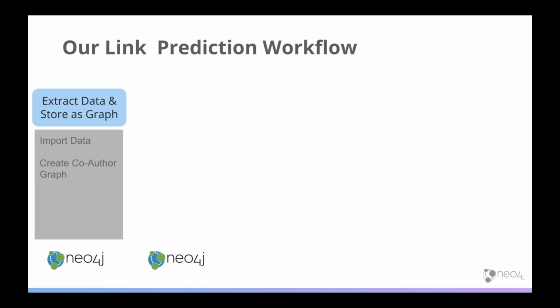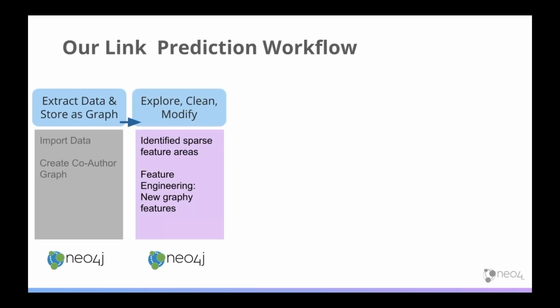Great. So after creating our graph, then of course we go into the modification and exploration, and you can think of that as, for us in this example, we were able to identify sparse feature areas, take a look at what might be interesting or not interesting in our graph, and then go through the feature engineering process and the extraction process to give us new graphy, if you will, features, but new features that might be more predictive.